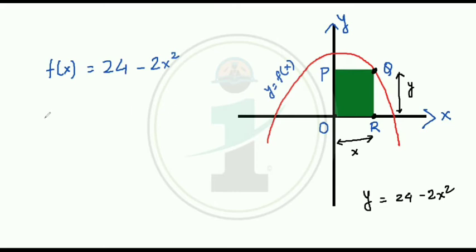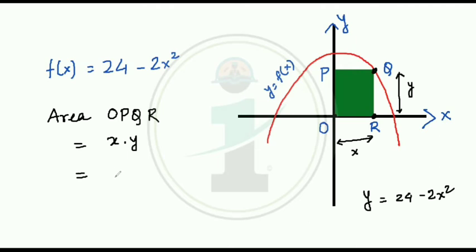And then what's the area of this rectangle? The area of the rectangle OPQR is nothing but x times y, because OR is the length and QR is the width. So now what can I do?